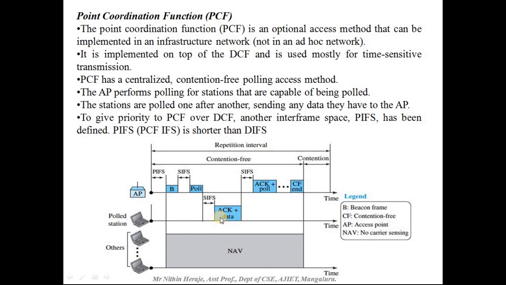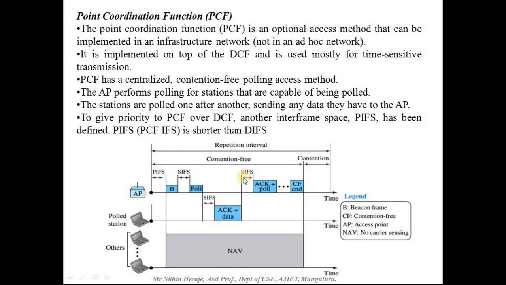Polling is nothing but the access point asking if any of the stations has any data to be sent. Whichever station has data to be sent will send an acknowledgement along with the data.